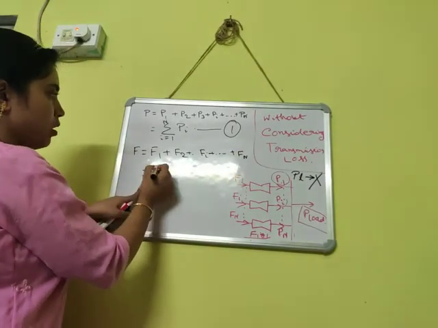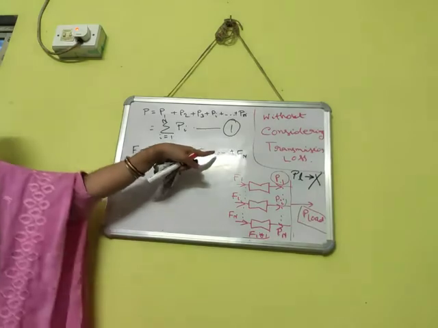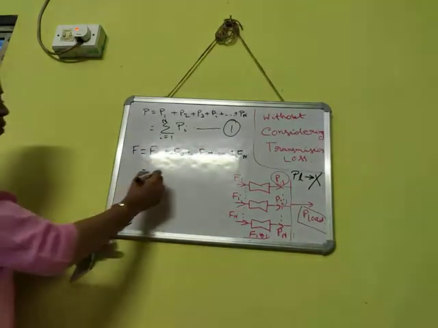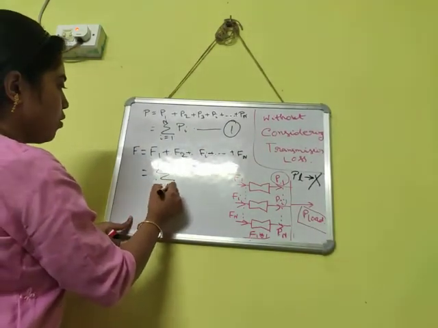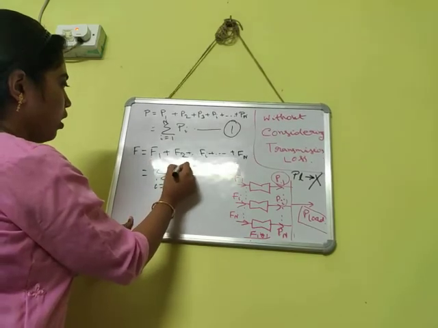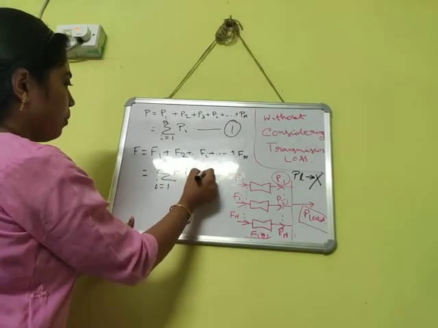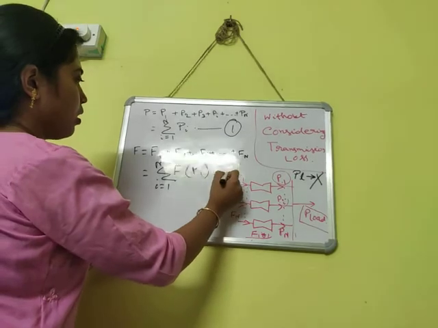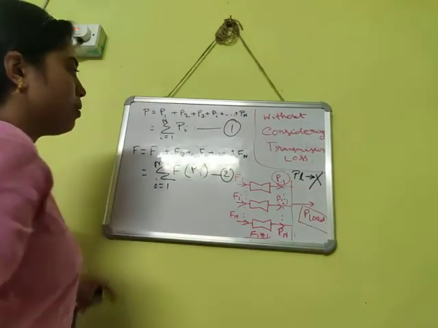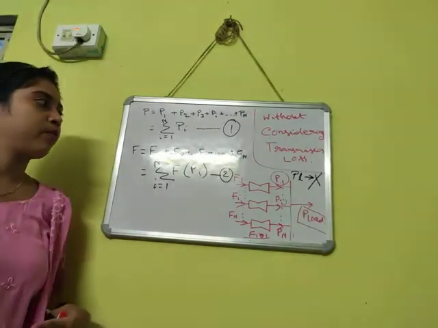It means that it is equal to summation of i equals 1 to n Fi(Pi), that is represented in equation number 2.